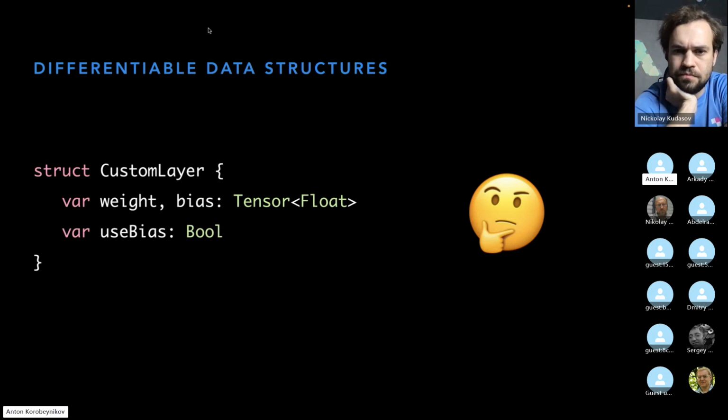So what about the custom layer type here? Oftentimes machine learning layers contain properties like configuration variables that are not differentiable. Types representing vector spaces are differentiable, but since this custom layer contains a Boolean property, it's not a vector space. So is it differentiable?